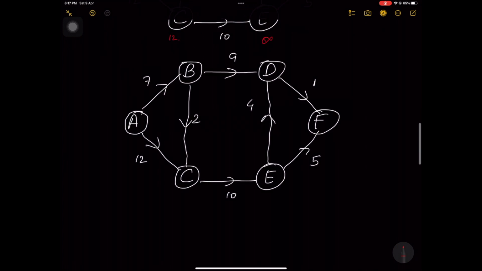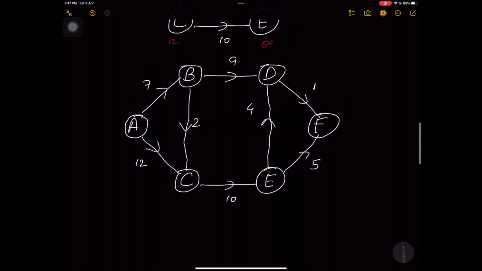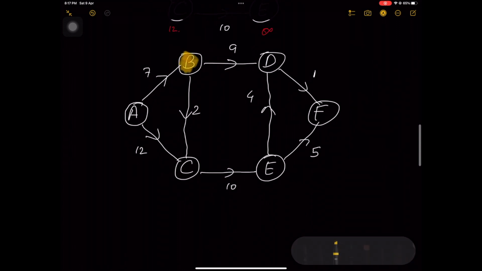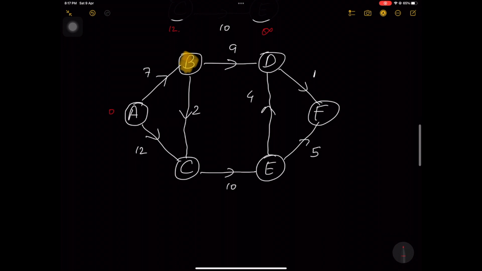Now we chose B as the next node, so we are at B now, and we know this was 0, this was 7, and this is 12 right now. Now suppose we have two paths, B to C and B to D. Now B to C is 2, and as I told you in the beginning, our whole goal in Dijkstra's algorithm is to find the shortest distance from the starting node, which is A, to each and every other node.